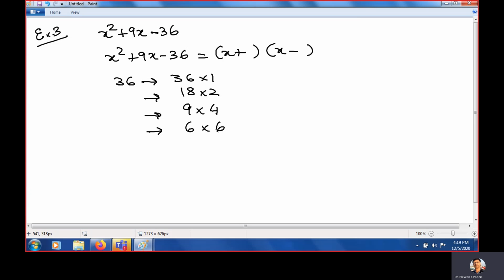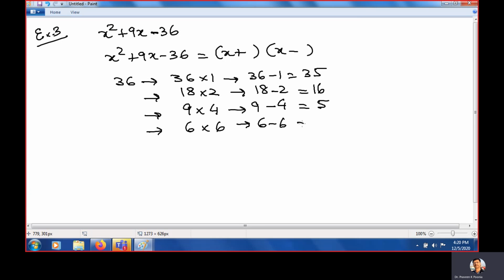Now, because negative is here, we will subtract. 36 minus 1 is 35. 18 minus 2 is 16. 9 minus 4 is 5. 6 minus 6 is 0. Clear?